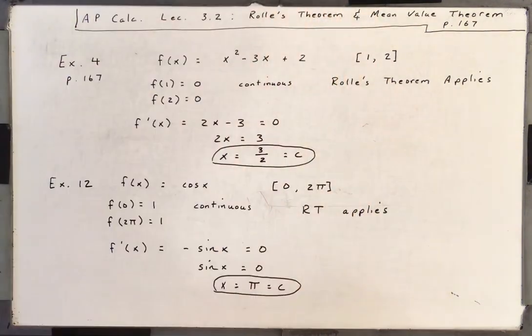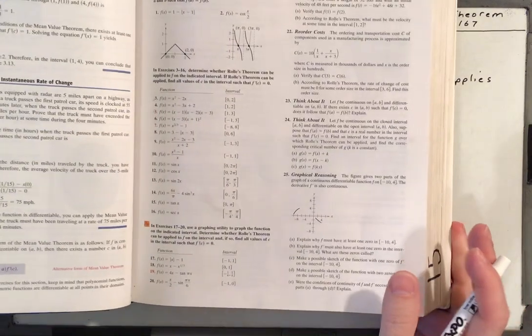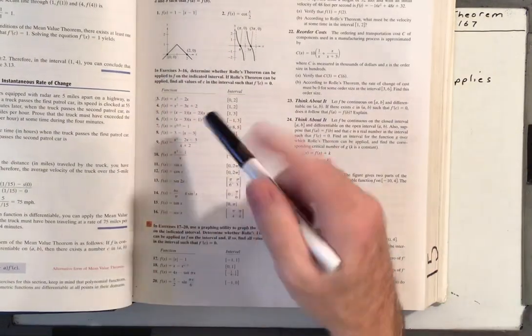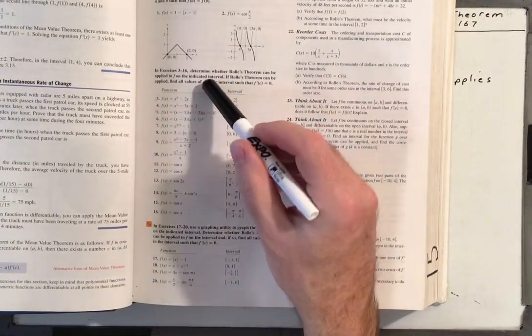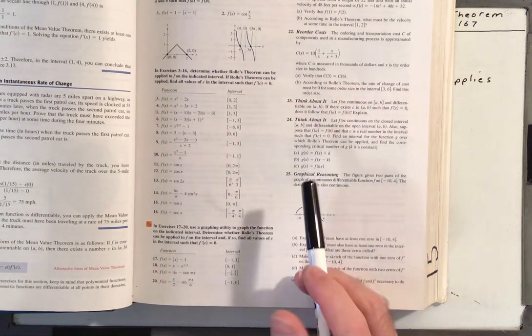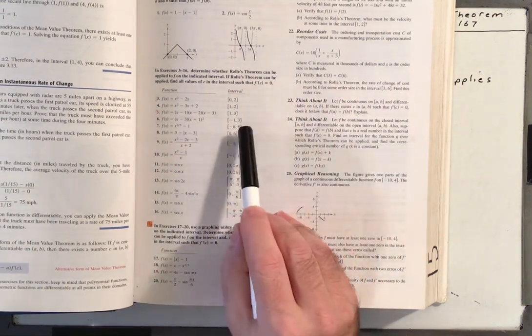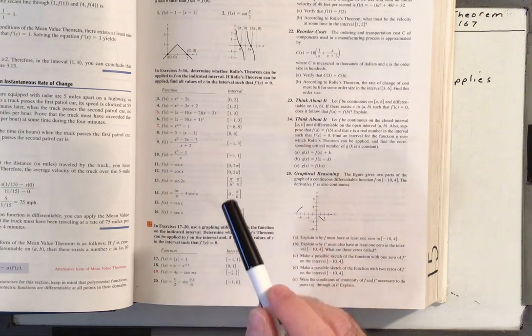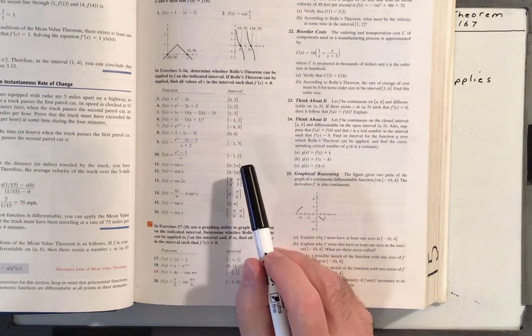Now let me talk about the homework. You're gonna be doing several of these in this area of the textbook. And first of all, you always need to check, does f of a equal f of b? And if it doesn't, then you can stop. Rolle's theorem doesn't apply.